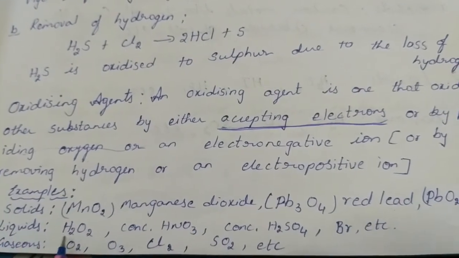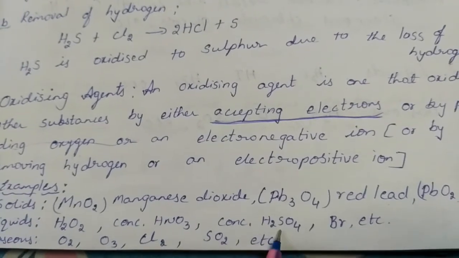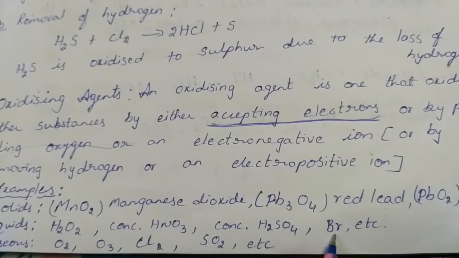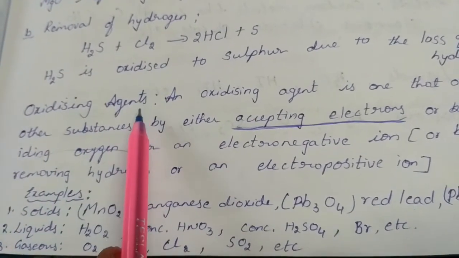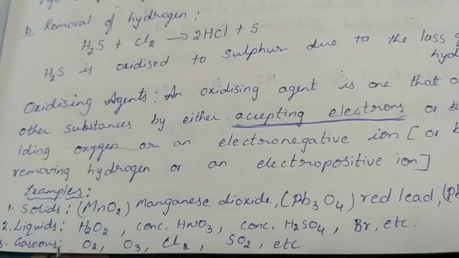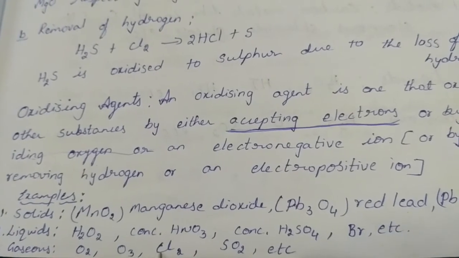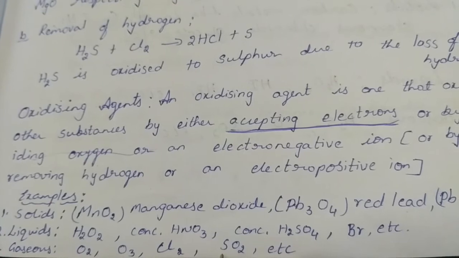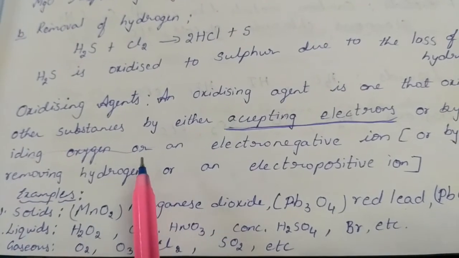Liquids are H2O2, concentrated nitric acid, concentrated sulfuric acid, and bromine. These are the liquid examples of oxidizing agents, and gaseous examples are oxygen, ozone, chlorine, sulfur dioxide.